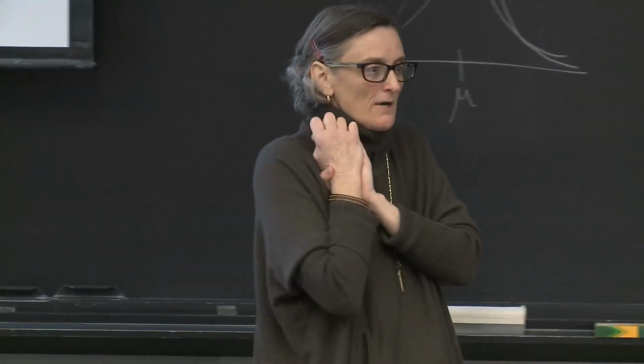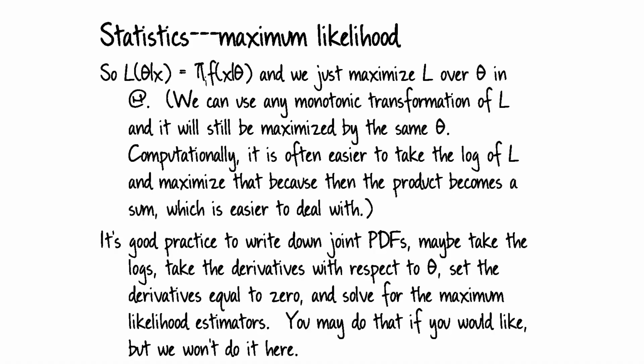It's good practice, if you're interested in these kinds of techniques, to write down some joint PDFs, maybe take the logs to make computation easier, take the derivative with respect to theta, set the derivatives equal to 0, and solve for the maximum likelihood estimators.